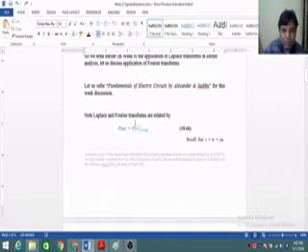F(s) is the Laplace transform and F(omega) is the Fourier transform, and this is the relationship between Laplace and Fourier transforms. When we put sigma as 0, then we get the Fourier transform from the Laplace transform. S was sigma plus j omega, and if we put sigma equal to 0, then we get F(omega) from F(s).